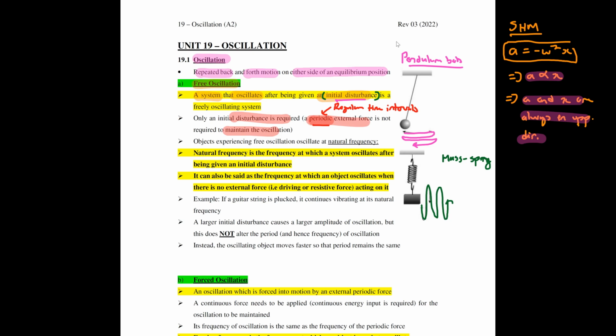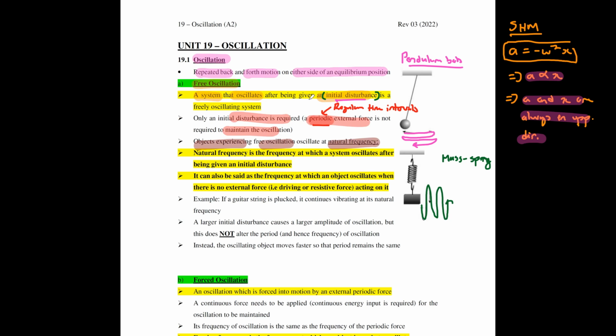Now, when you have an object that experiences free oscillation, you know that it has a certain period tied to it. That will also mean that it has a certain frequency tied to it, right? For any object experiencing free oscillation, it will always oscillate at what we call its natural frequency.